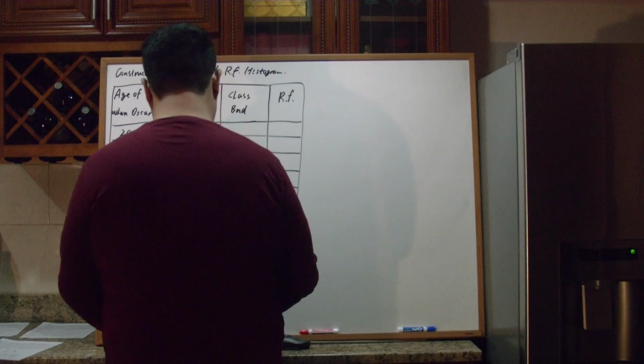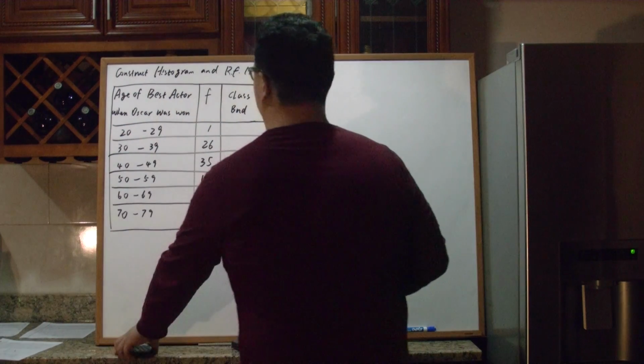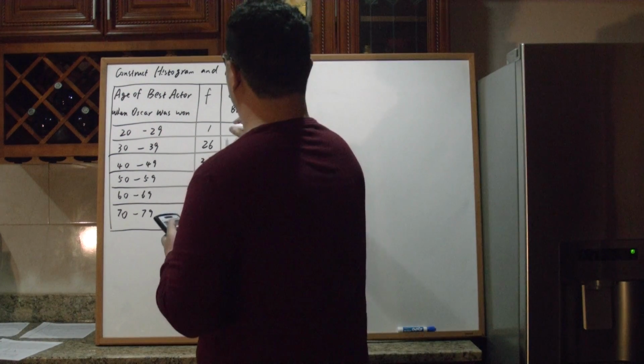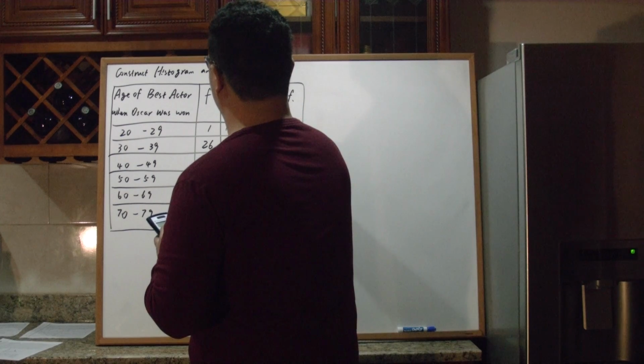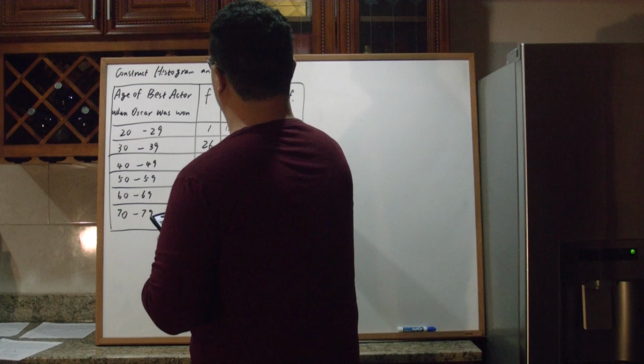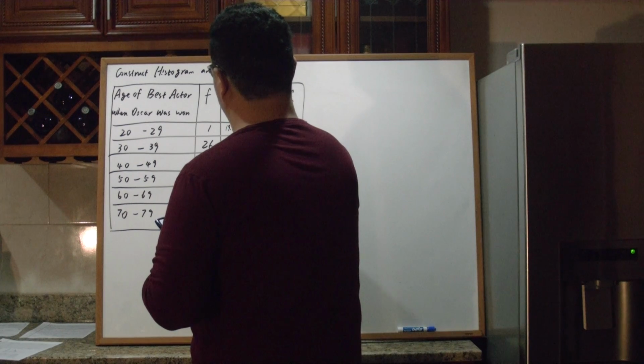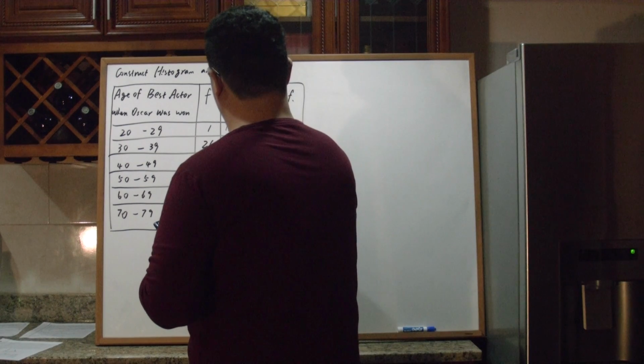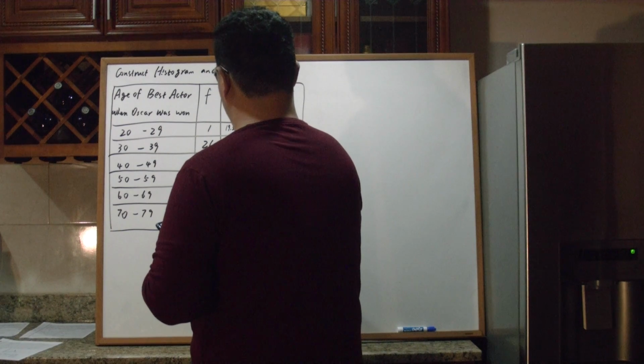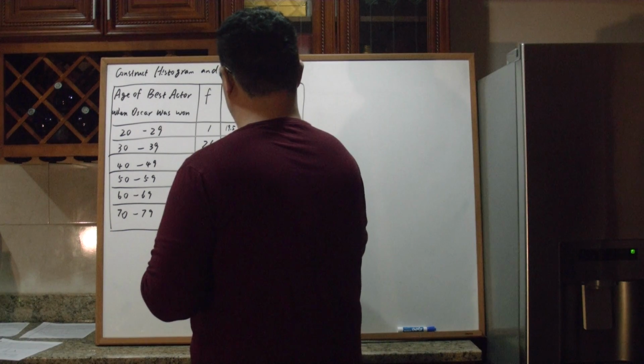Therefore, if we construct the relative frequency, we'll go to the class boundaries first: 19.5, 29.5, 39.5, 49.5, 59.5, 69.5, and so on.